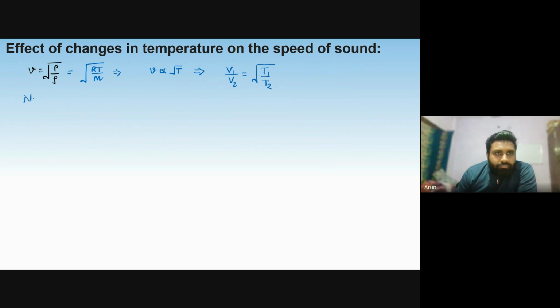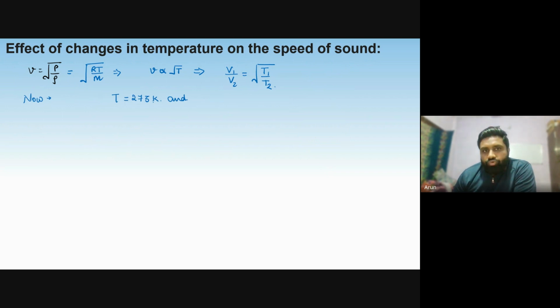Now, let's say at STP, the temperature here is 273 Kelvin, that is at 0 degree Celsius.